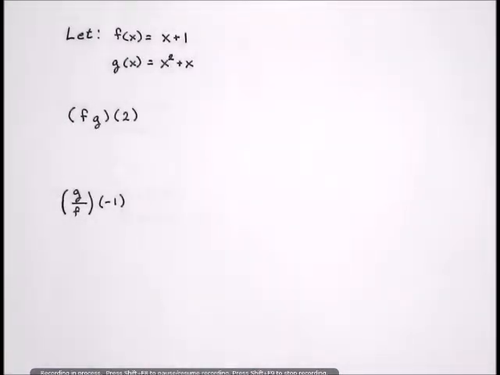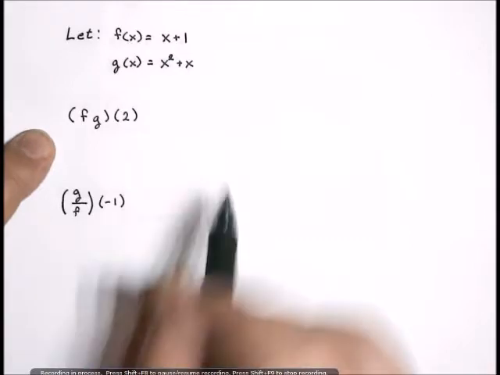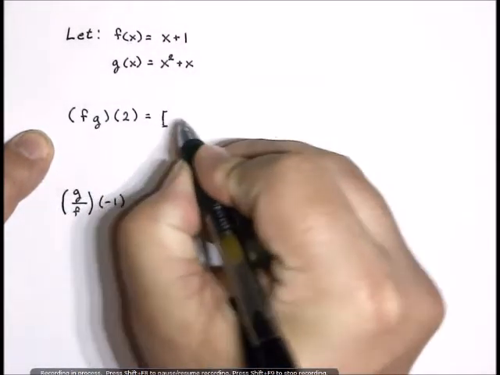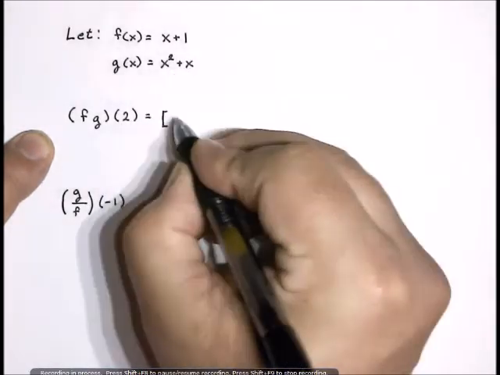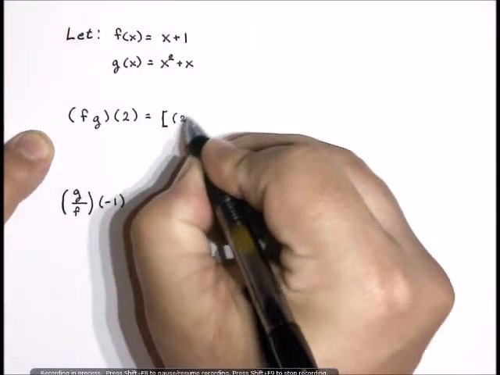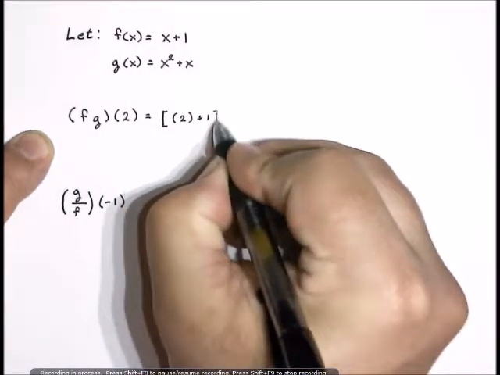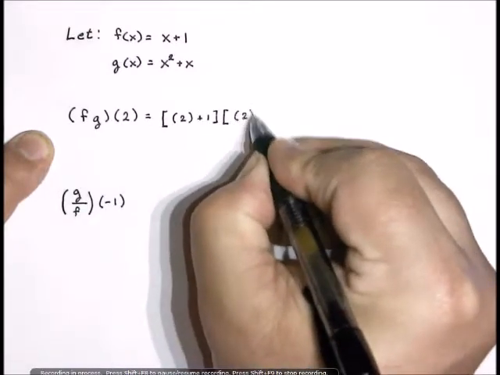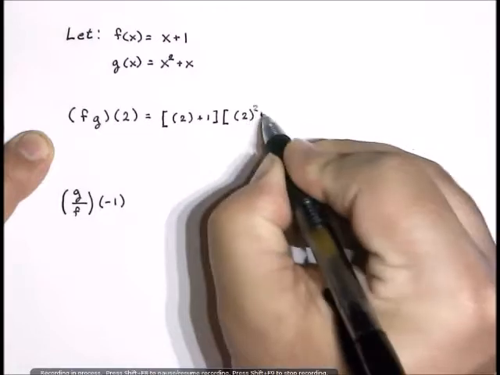So let's continue on with the same equations, and let's now do multiplication and division. So first let's do f times g at 2, and same procedure as before. I start with f of x and I plug in 2 for the x, and then I have g of x and I plug in 2 for the x.